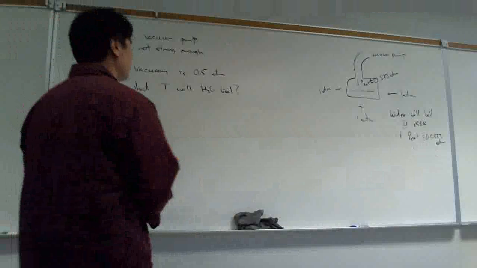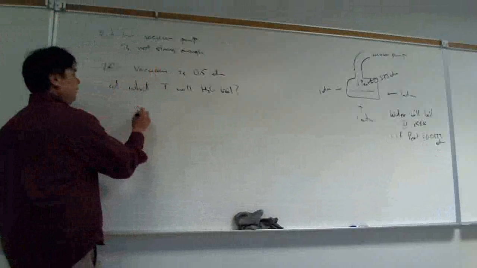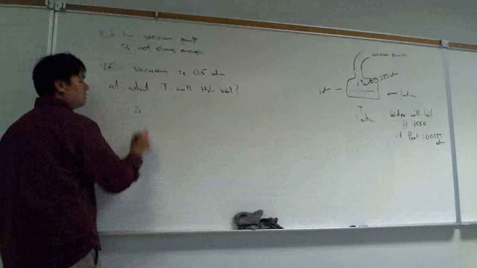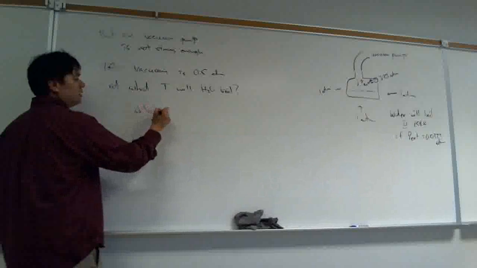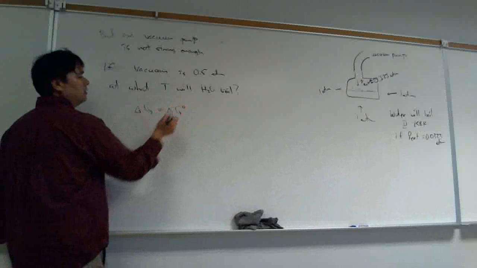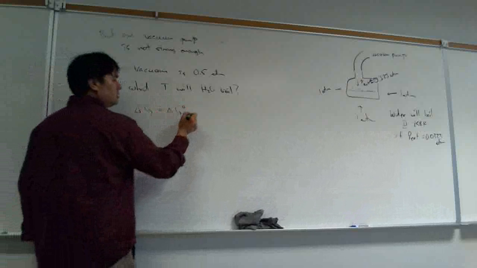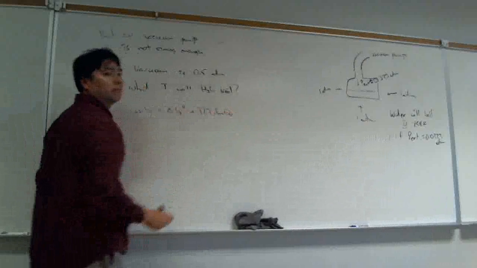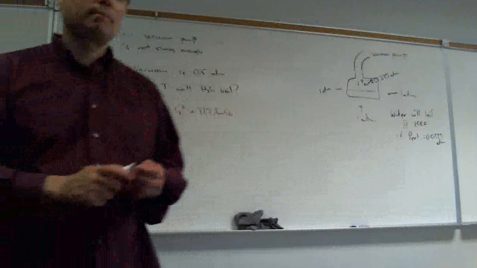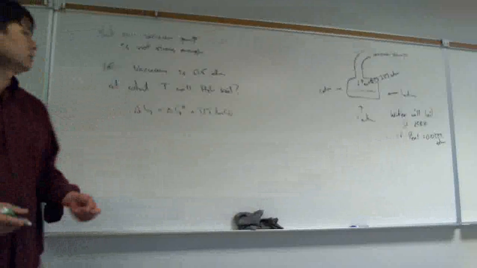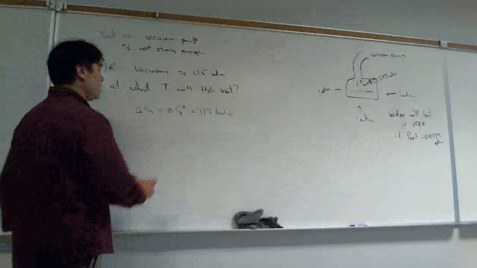Well, since we don't have that much time, let's see. Is this going to be standard or non-standard conditions? Non-standard. So we need delta G non-standard, and we know delta G non-standard is equal to delta G under standard conditions plus RT ln of Q. Right now it should be non-spontaneous, so delta G should be positive.